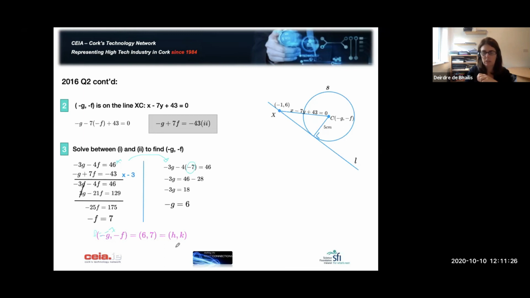So I can simply use the simple format of x minus h squared plus y minus k squared equals r squared. That is the equation of a circle. I know what the center is, I know what the radius is, and I don't have any further calculations to do. So I can say S is x minus 6 squared plus y minus 7 squared is equal to 25.